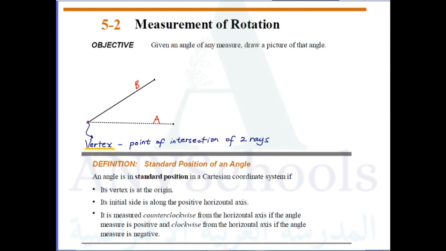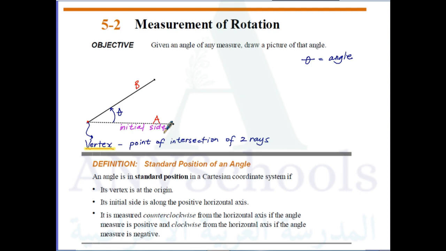Okay, so this intersection produces an angle, and normally the angle is defined by theta. This is the angle between the two rays. So where is your initial point and where is the terminal point? That's another question. This is our initial side, because this is where the angle came from.